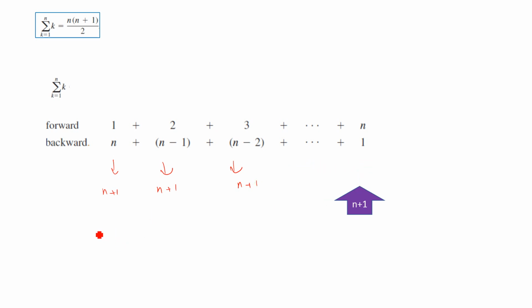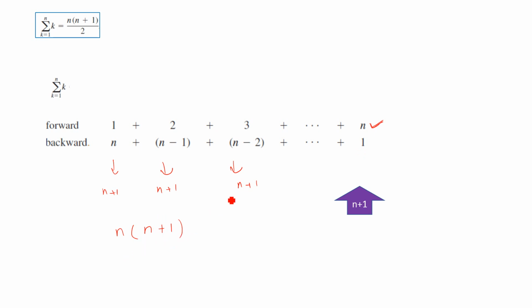What we are going to do is add all these sums. These are n terms, so we are adding n plus 1, n times. Now, we are actually required to find the value of this sum, and we are adding this sum 2 times, and we get n into n plus 1.